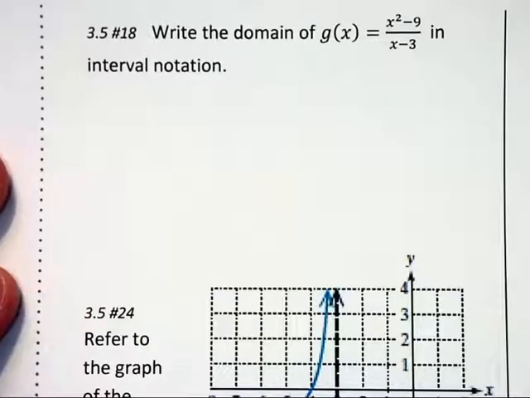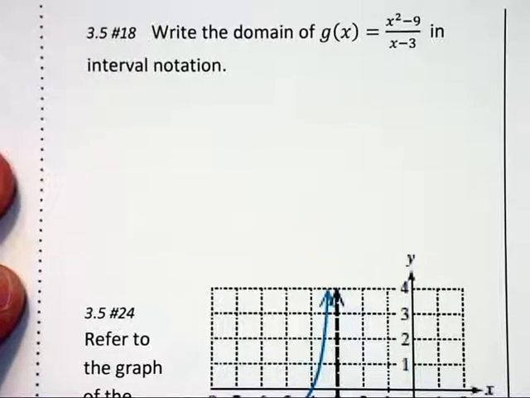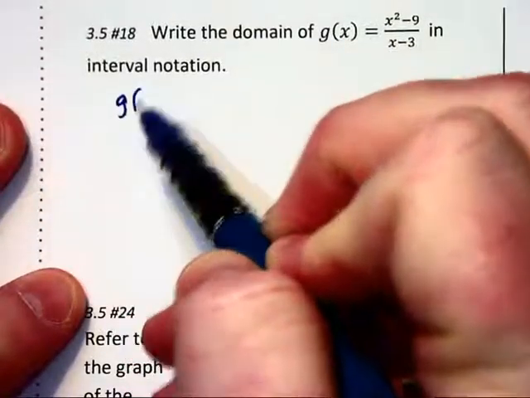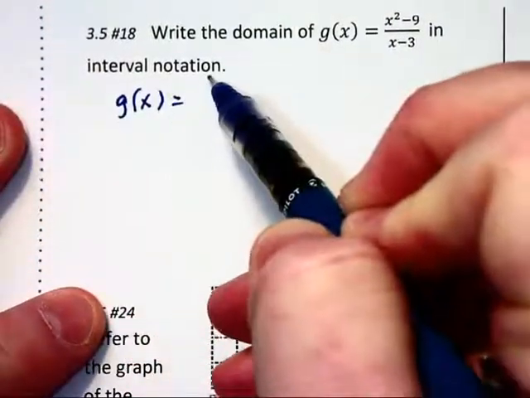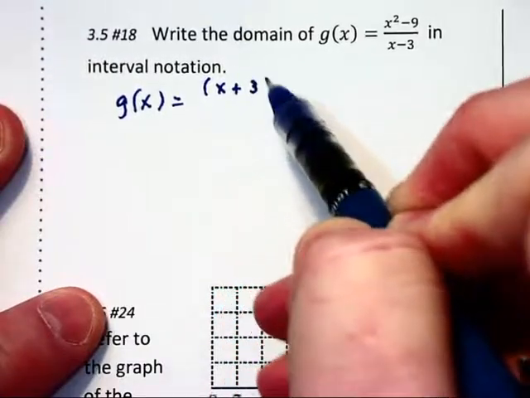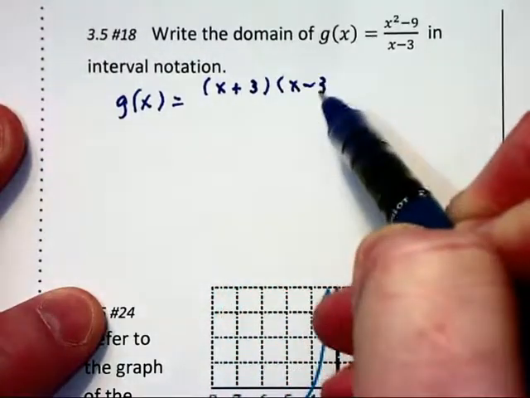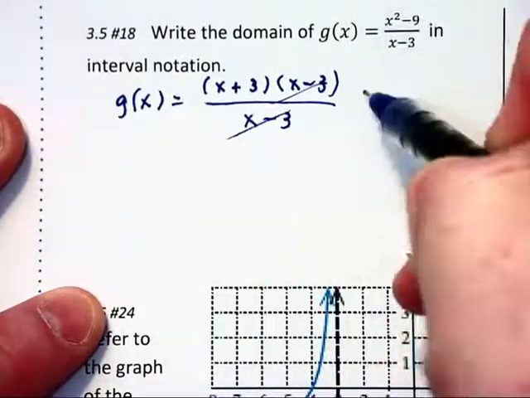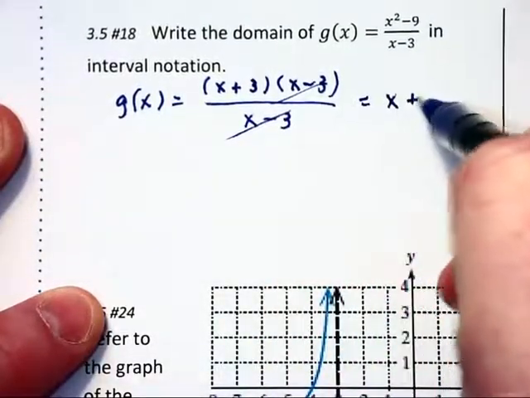Before we start graphing these, let's start looking again at the domain and some of the notation involved. First off, we want to find the domain here. If we look at g of x, we will see that the numerator factors into the difference of two squares, and that the x minus 3's are going to cancel each other out, and we will have x plus 3.